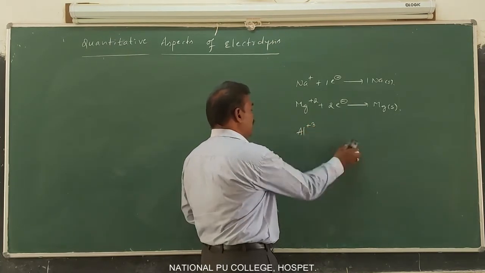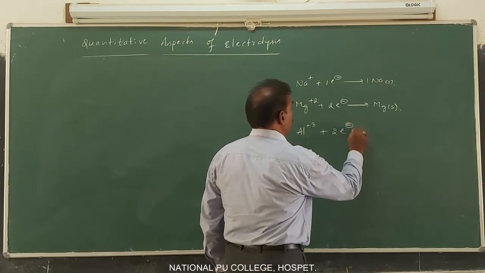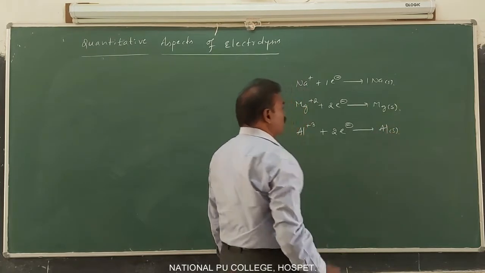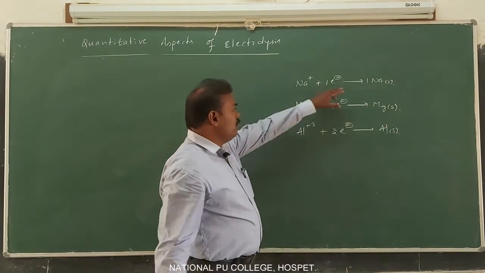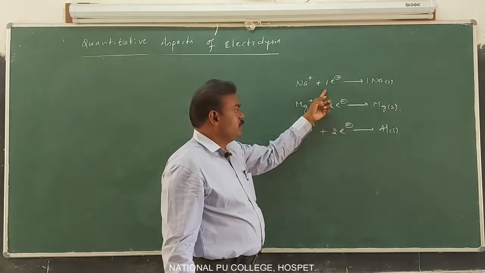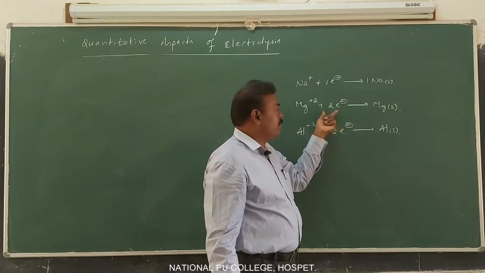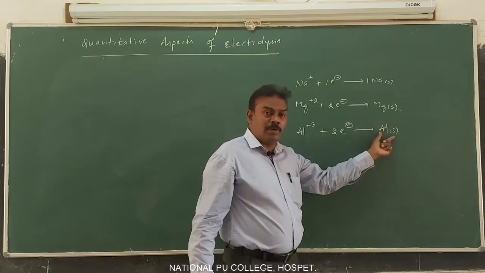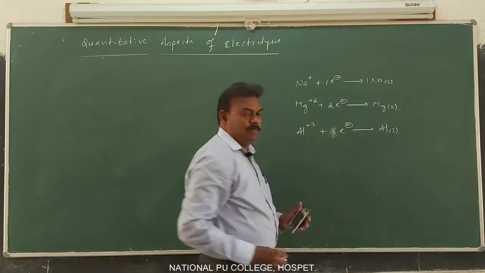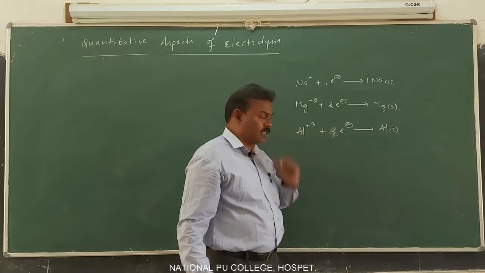It requires 3 moles of electrons to form solid aluminum. So in order to deposit 1 mole, sodium requires 1 mole of electrons, magnesium requires 2 moles of electrons, and aluminum requires 3 moles of electrons.